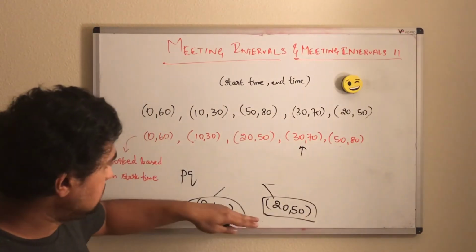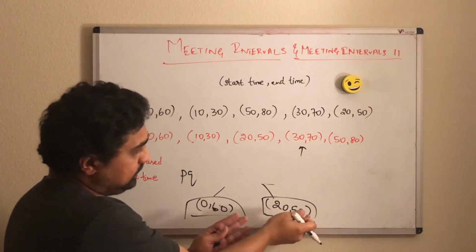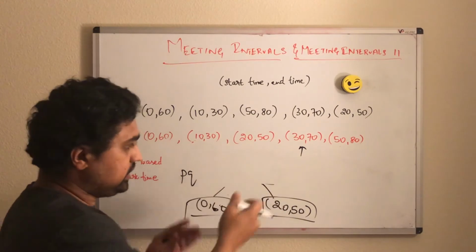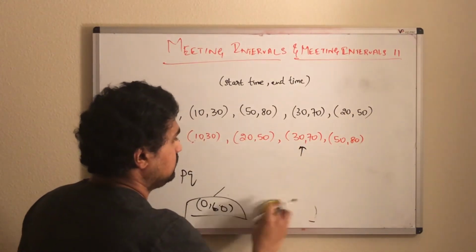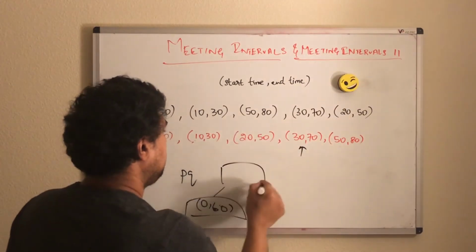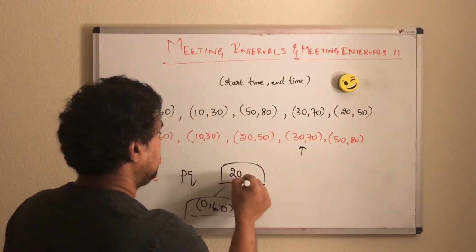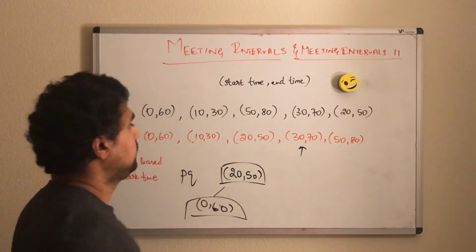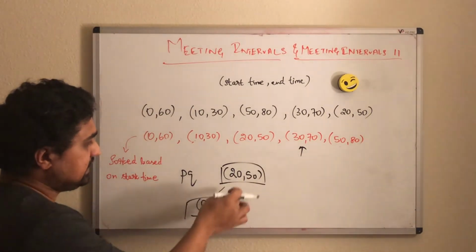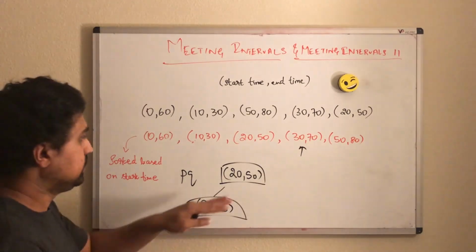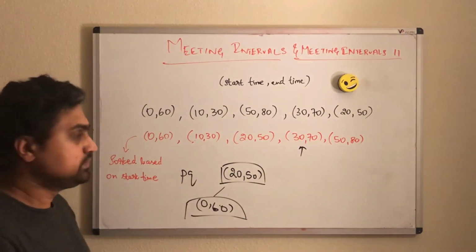Now the element on the right side of the priority queue data structure will move to the top. So now the end time of this meeting is less than the end time of this meeting. So the priority queue is now balanced.